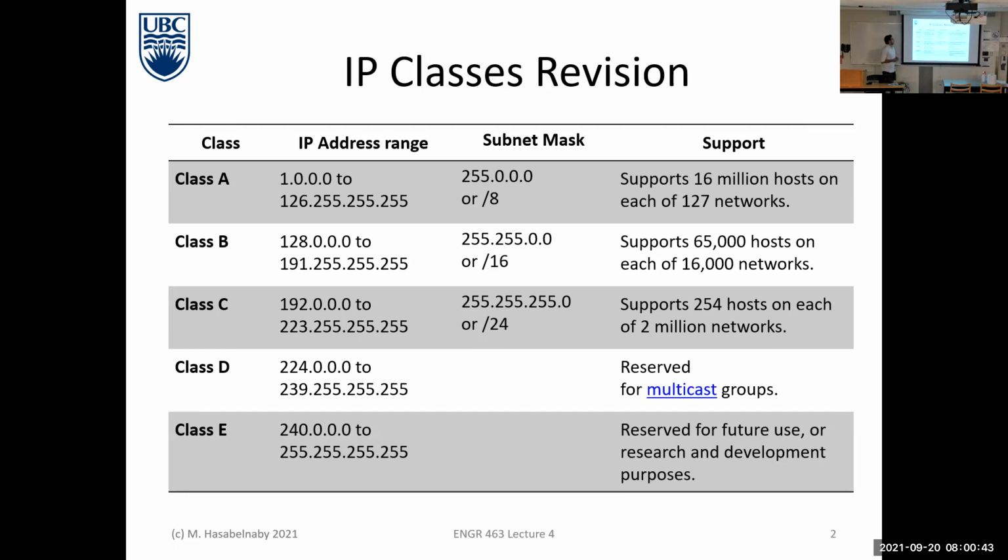As we discussed in our previous lecture, we divide the range of IP addresses into class A, class B, class C, class D, class E. The difference between each class is that each class has a different network portion and host portion. For example, in class A, the IP address consists of 4 octets.